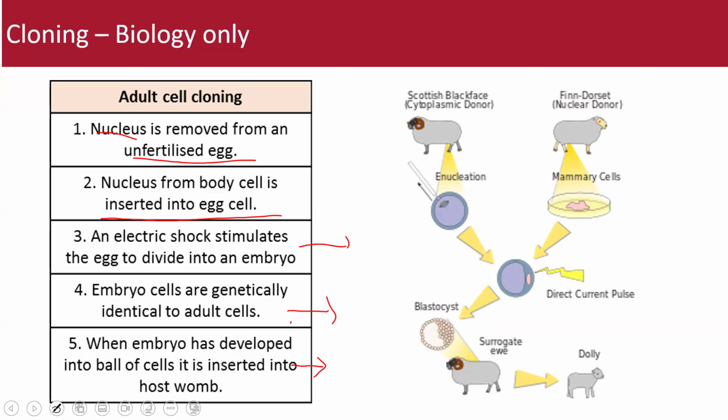The famous one is Dolly the sheep from Edinburgh University, which was the very first cloned large animal. So you take an egg, take the nucleus out of it, put the nucleus in from the one that you want, electric shock, it'll then develop, and you put it back into the host.